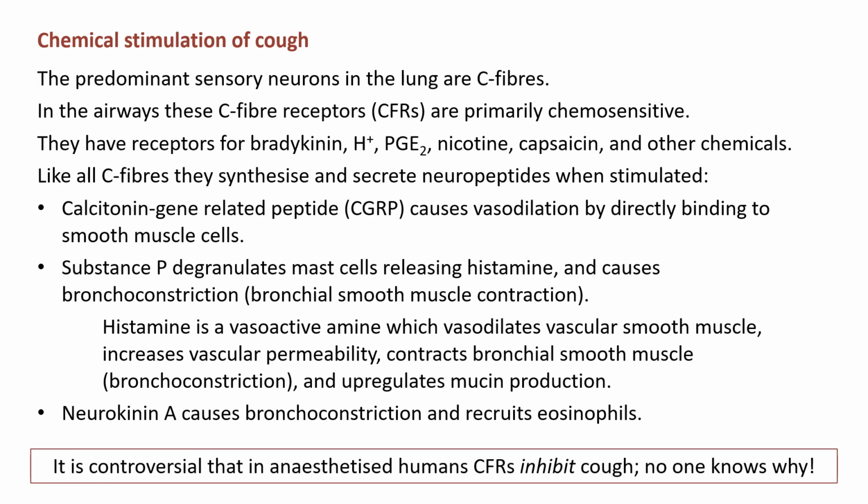One thing that is interesting, and really controversial, is that in anaesthetized humans, and I believe in dogs as well, C fiber receptors, when they're stimulated, inhibit cough. And no one has really worked out why this happens. But generally, when you're awake, if you stimulate your C fiber receptors with these chemicals, it will cause you to cough.